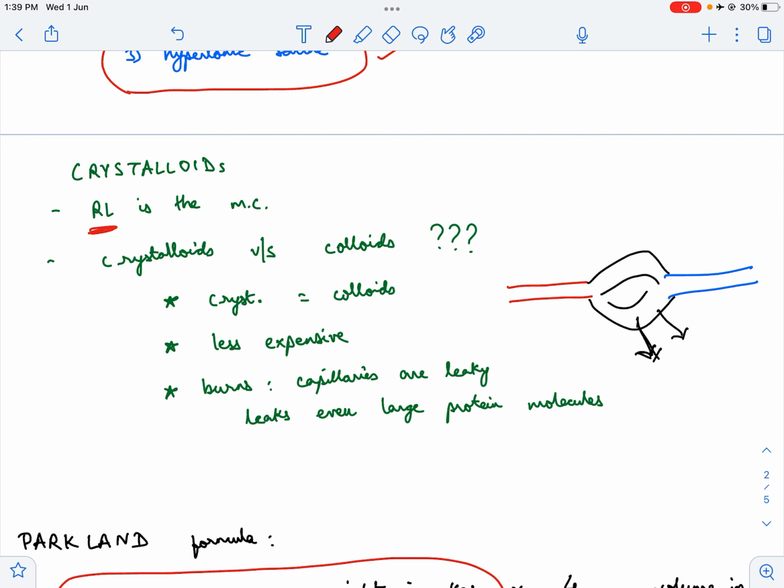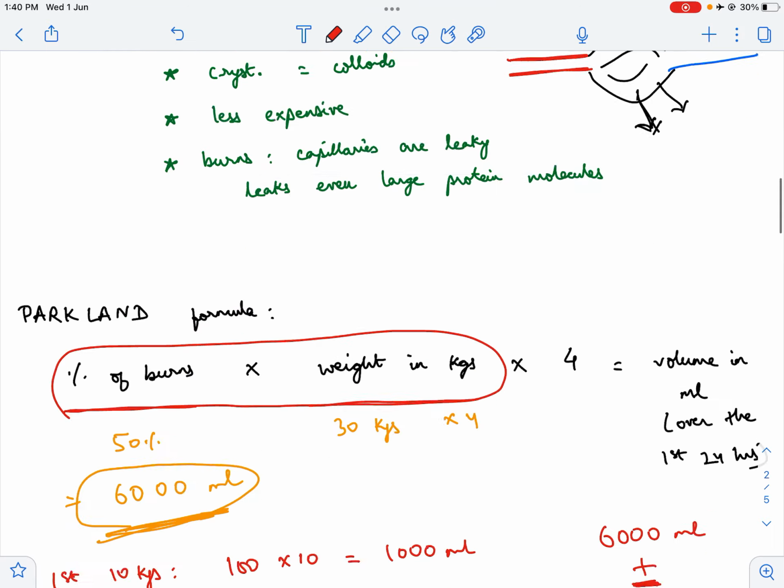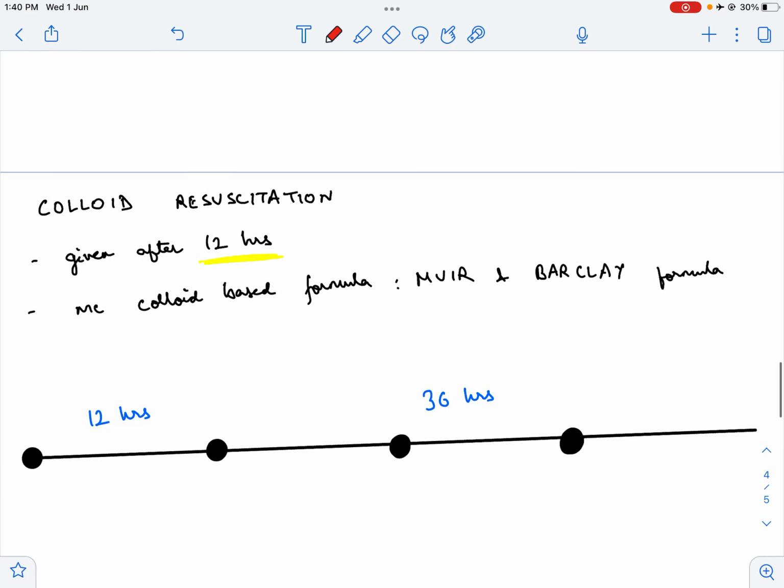What I told you here was, these are the arterioles, these are the capillaries, and these are the venules. Initially the capillaries are very, very leaky. So even if you give colloids initially, it is of no point, because the colloids will leak out. That is why you give colloids after 12 hours. 12 hours here is the magic number. After 12 hours, you will give the patient colloids.